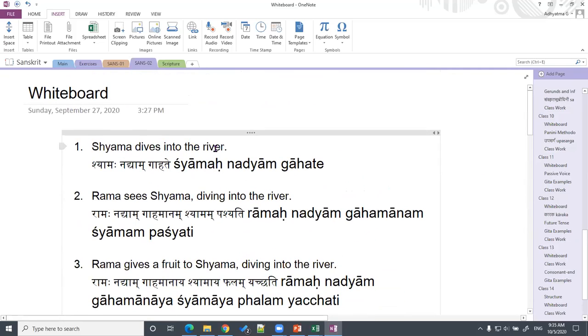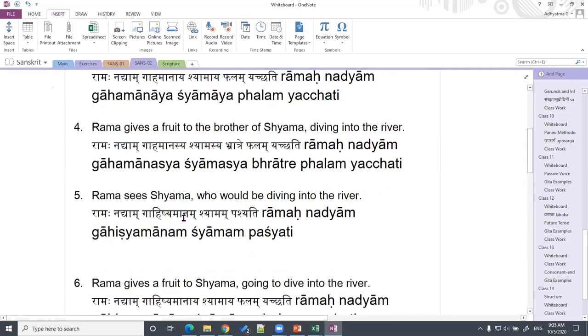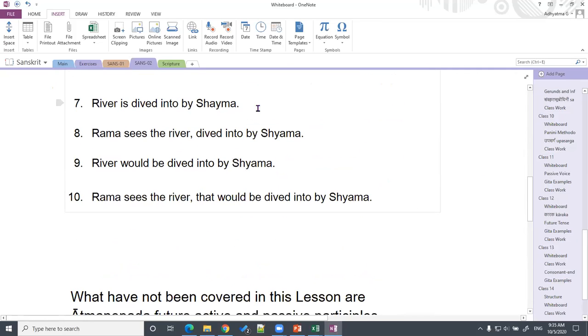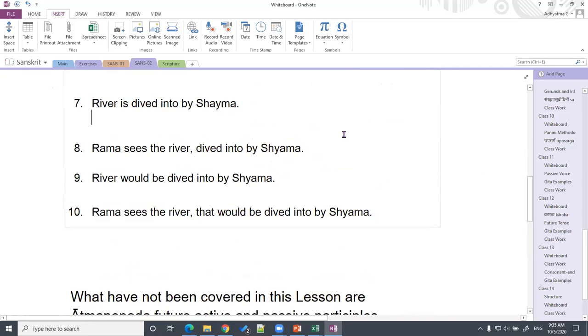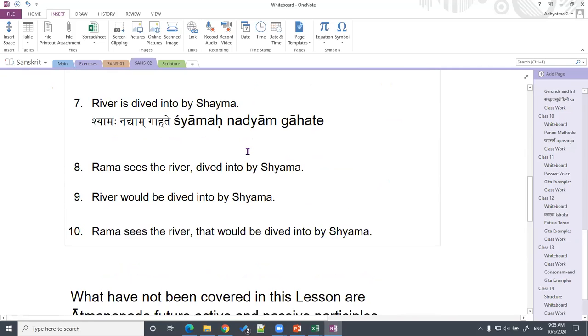Shyama dives into the river. This was our first sentence. Now we are saying river is dived into by Shyama. That means it should be the passive voice. How do we make passive voice? I hope you remember. So we change the karta, Shyama is the karta, into the third case. So Shyamena.